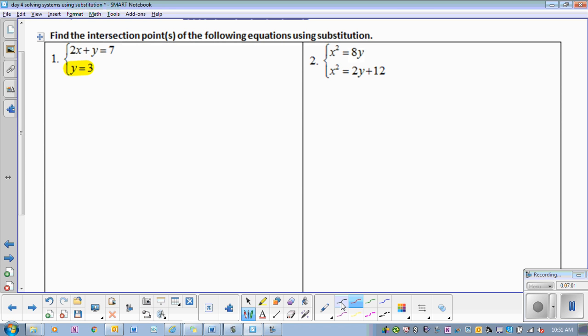So I'm going to take the other equation, 2x plus y equals 7. But instead of the y, we're going to substitute what? 3, right? Because y equals 3. So plug that 3 in for the other y. Does that make sense? So now 2x plus 3 equals 7.